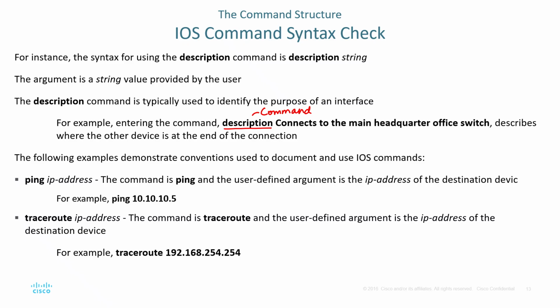Now traceroute maps through the network how your information travels. The command here again is traceroute, and the user-defined argument is the IP address of the destination device. I want to trace something from source to destination, the generating device to the ending device, and see how it goes through my network.